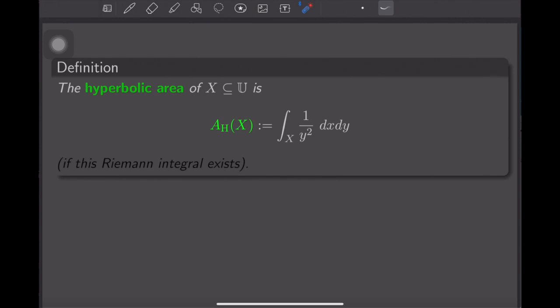For instance, recall that when I defined the length of a curve in a Riemannian manifold, I defined it as a certain integral, this integral from a to b of the norm of gamma prime of t, where this norm is taken at gamma of t. So this is how I defined it.